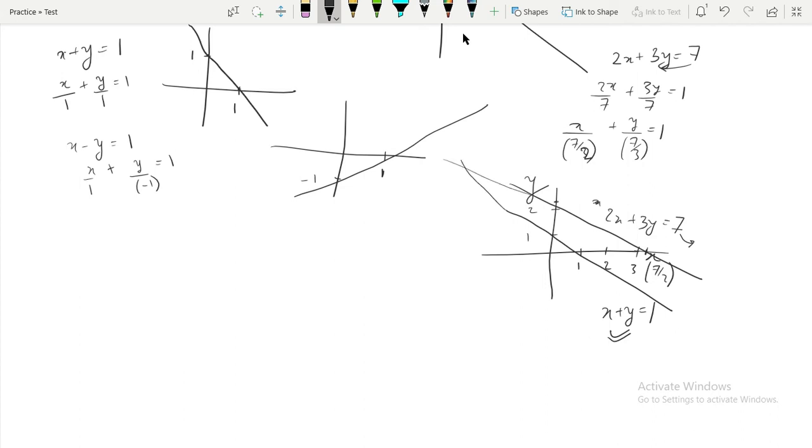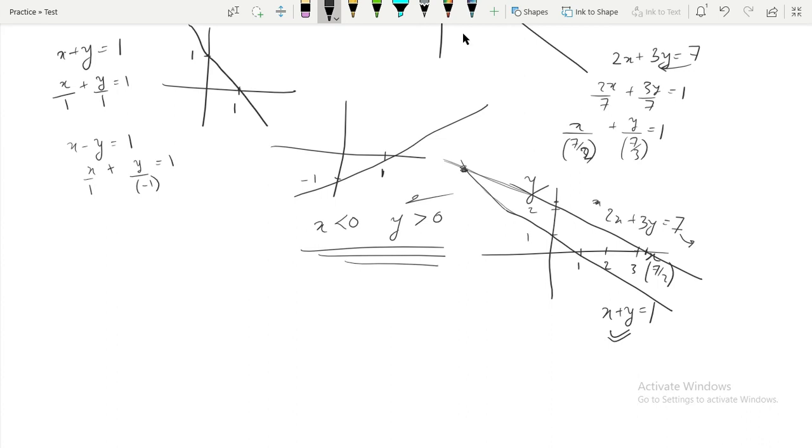So you can see these two lines would be meeting somewhere here, so you can just estimate the solution: x would be negative here and y would most probably be positive here. So you can just estimate the solution based on this method, and we can also draw the area very easily.